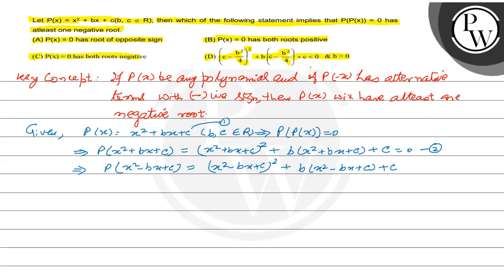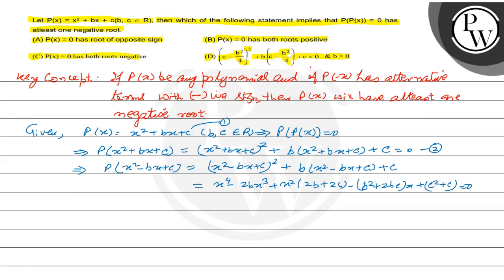If you collect it, you will get x to the power 4 minus 2b x cube plus x square (2b plus 2c) and then again minus (b square plus 2bc) times x and plus c square plus c is equal to 0.